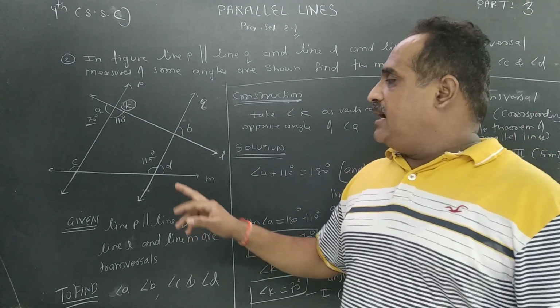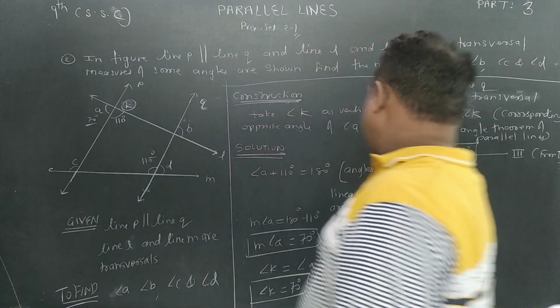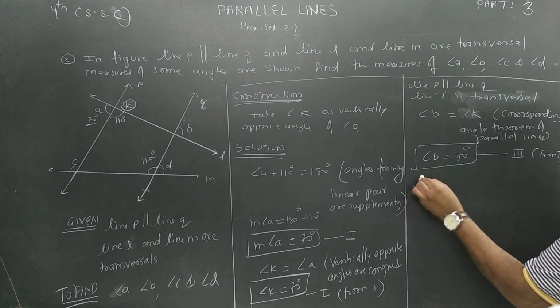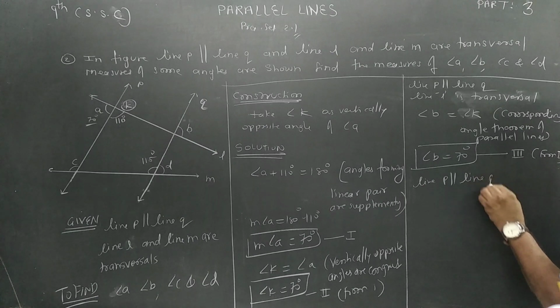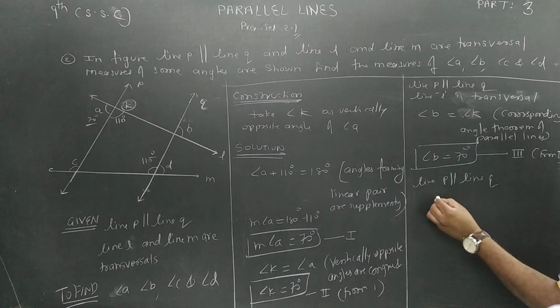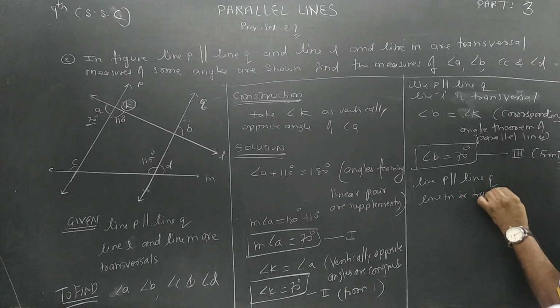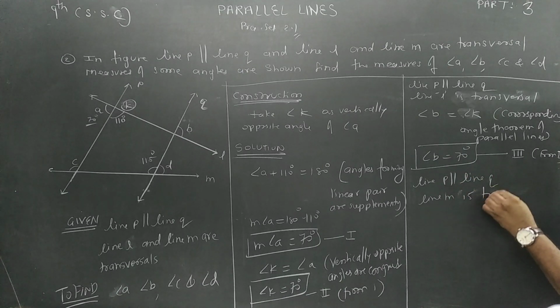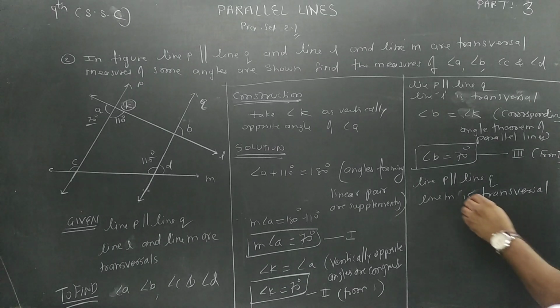अभी हमें निकालना है कौन सा? C. But these two are parallel lines. This is a transversal. So you are going to write everything what I have written over there. What I am going to write? Line P is parallel to line Q. That is given, na? And line M is transversal. Then what you are going to write?